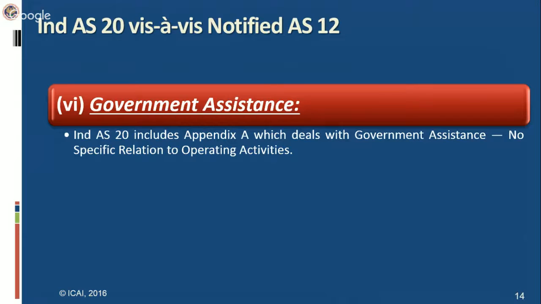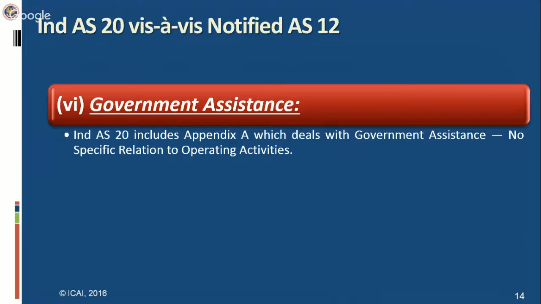So a guidance appendix is there in Ind AS 20, which clarifies the accounting treatment: when government assistance should be classified as a grant and accounted for, and when it should be treated only as assistance and not accounted for.